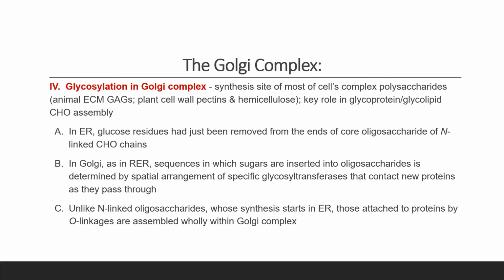In the ER, glucose residues had just been removed from the ends of the core oligosaccharide of N-linked protein chains, and in the Golgi, as in the rough endoplasmic reticulum, the sequence in which sugars are inserted into oligosaccharides is determined by the spatial arrangement of specific glycosyl transferases that contact new proteins as they pass through. Unlike N-linked oligosaccharides, whose synthesis starts in the ER, those attached to proteins by O linkages are assembled wholly within the Golgi complex.